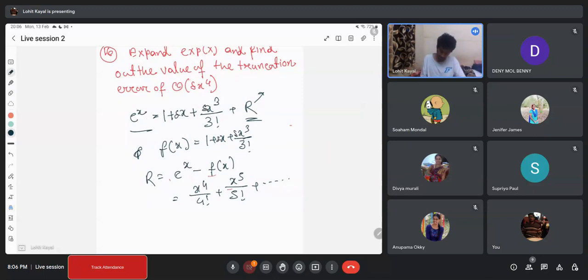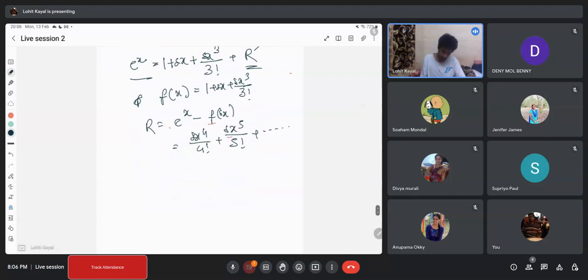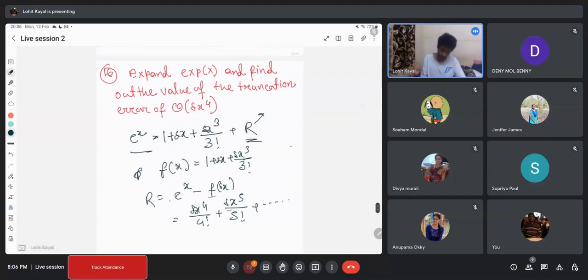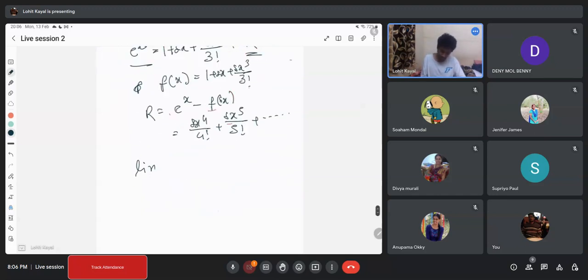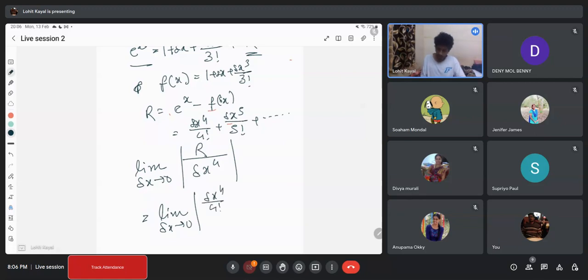So x in this problem, these are all delta x. To check that, what we have to do is limit delta x tends to 0 of r by delta x to the power 4. So what is the value of r? It is equal to limit delta x tends to 0 of delta x to the power 4 by factorial 4 plus delta x to the power 5 by factorial 5 plus dot dot dot, by delta x to the power 4.